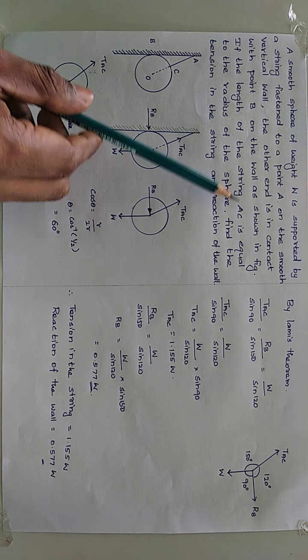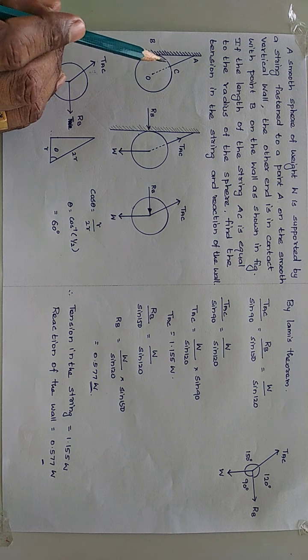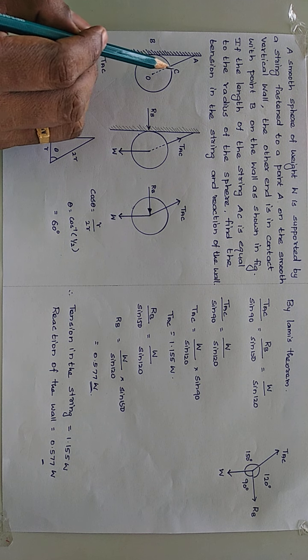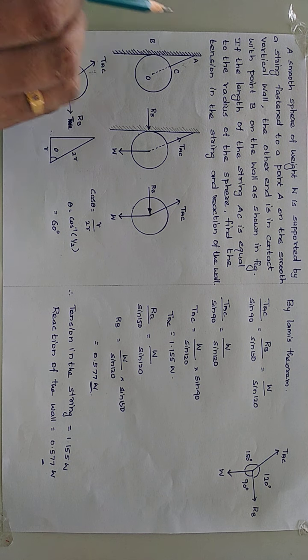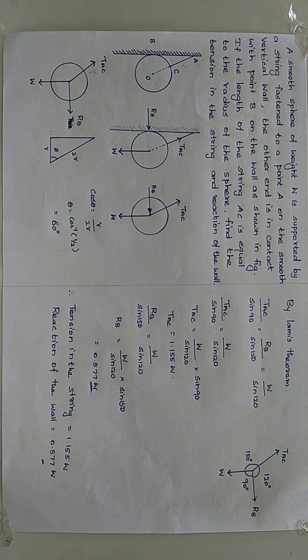If the length of the string AC is R, so this radius is R, this length is also R, it is given in the question. Find the tension in the string and the reaction on the wall.